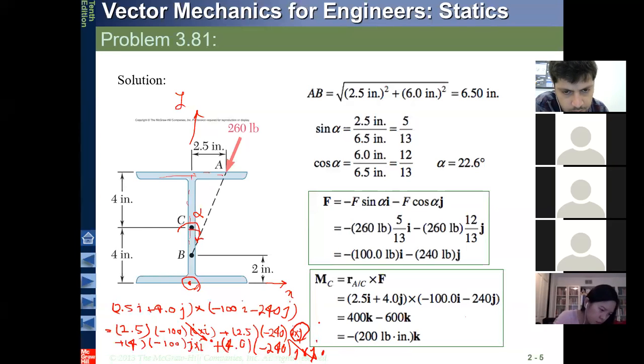I cross j is equal to k, and j cross I is equal to minus k. So you're going to have minus 600.